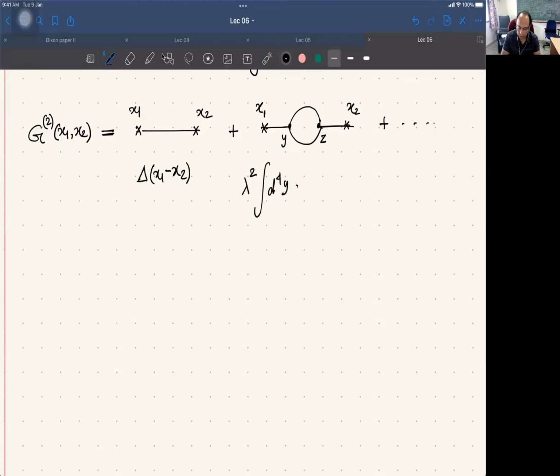So d4y, d4z, and then there's a propagator delta x1 minus y, delta y minus z, but there are two links y minus z, so square, and then delta z minus x2. So that is the Feynman expression that you get.